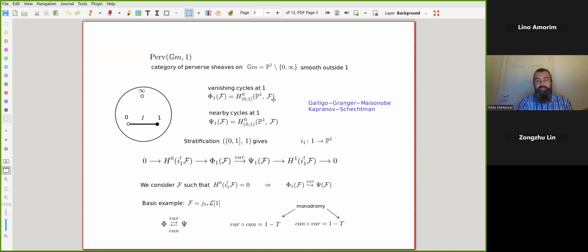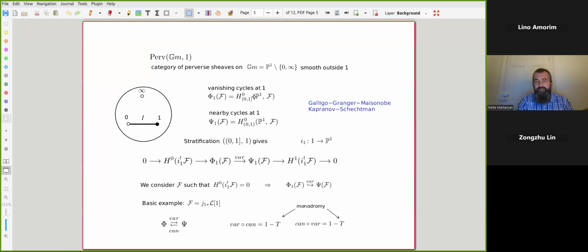I'm afraid I'm not sure how to pronounce them: Beilinson? Deligne? Actually Kaliguin, Grangier, and Maisonneuve. This is a paper from the 80s where they give this definition of vanishing cycles. So we have this interval from 0 to 1, and we consider the cohomology with support on this interval.